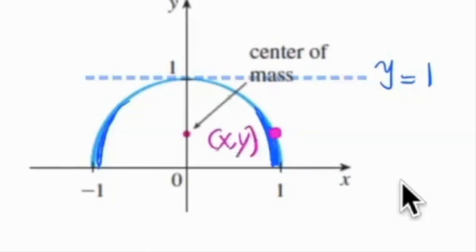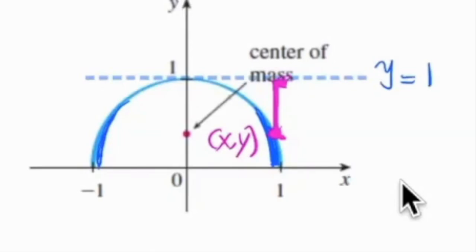What's the distance from this point to this line? The top subtract the bottom, right? The top is 1. The bottom here is y. So the distance from this point to this line is 1 subtracting y, the top subtracting the bottom.